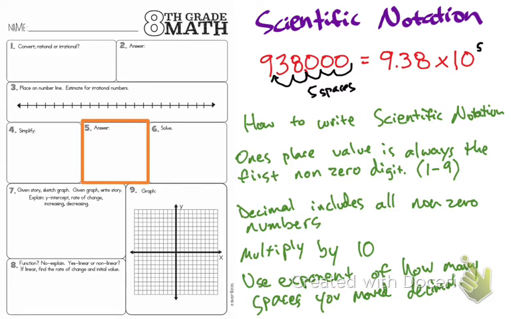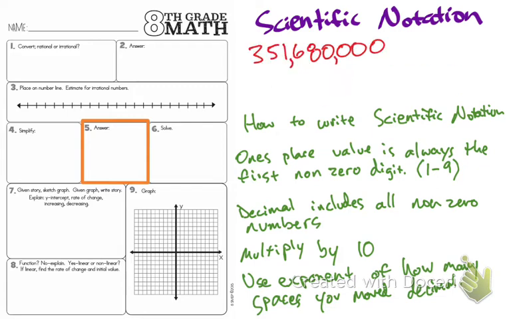Let's go ahead and do another example, and we'll keep these rules up here so that we can walk through them together. Here we have 351,680,000, a little bit bigger number. My first step is going to be to write the ones place value. Remember, it's always going to be that first non-zero digit.